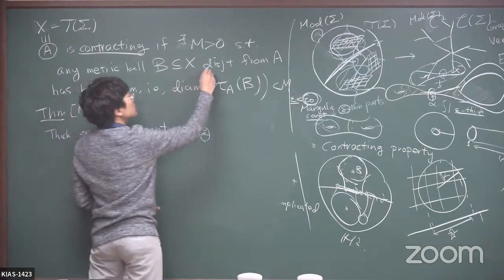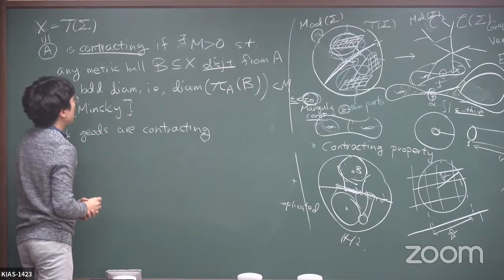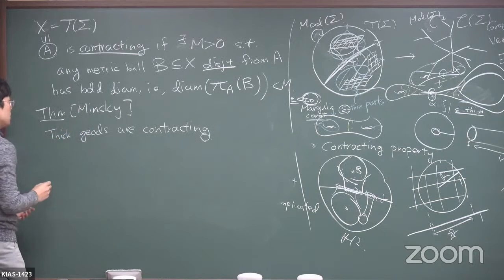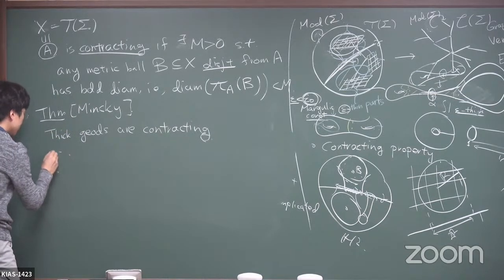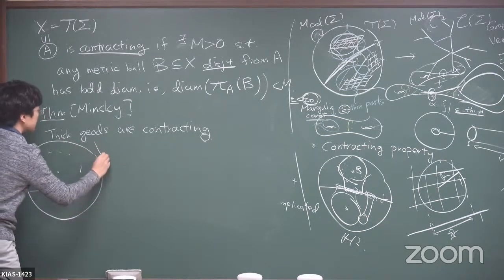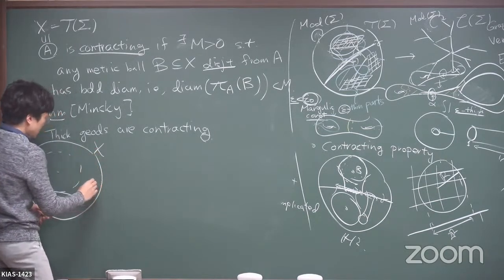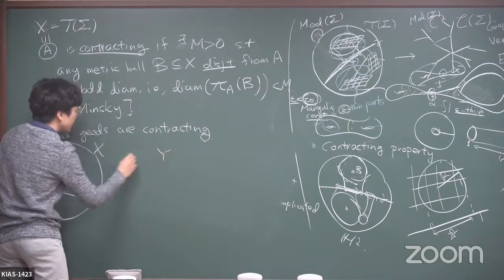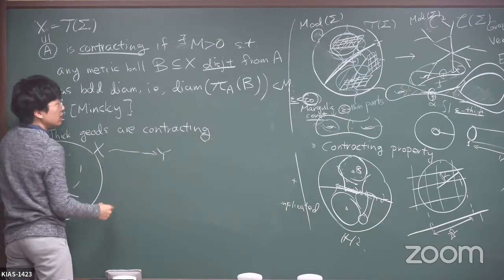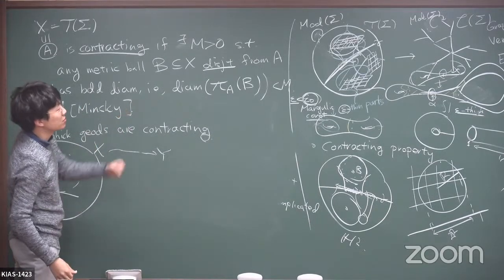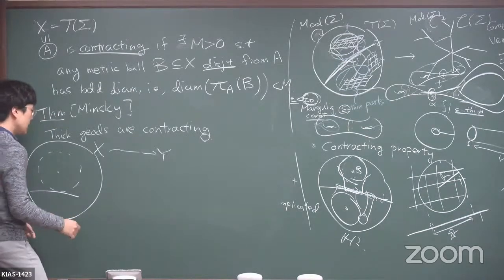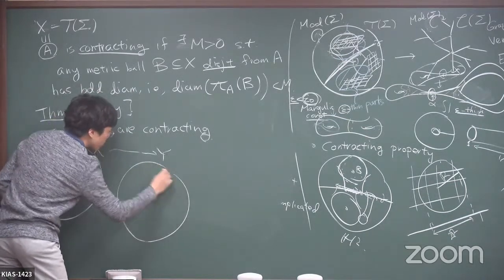Here I wrote any balls disjoint from A. But if you imagine this kind of property on some space X, and if you deform the space X into another space Y, like you did between Teichmüller space and the curve complex, then the metric ball is deformed.